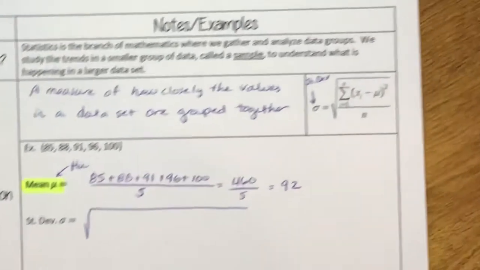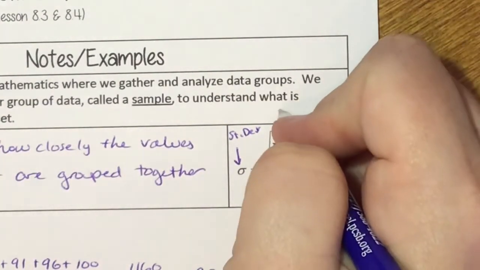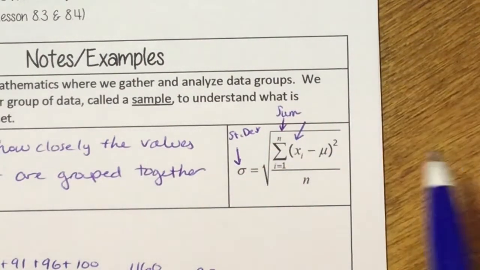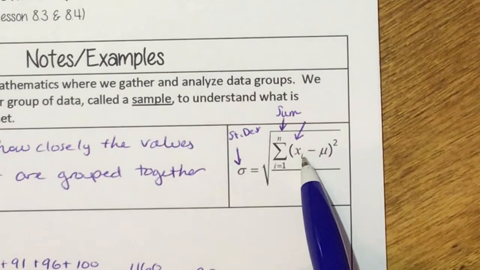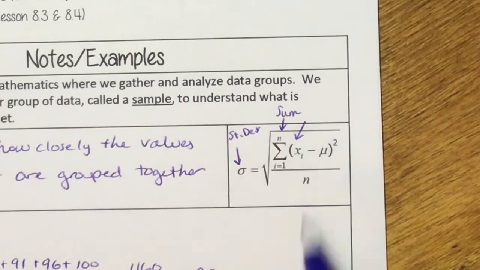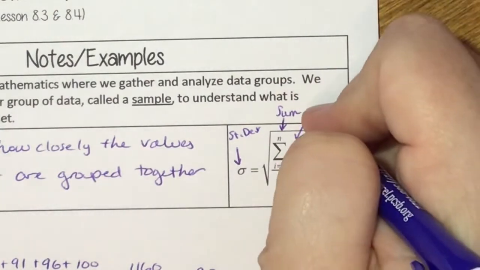Zoom in here while we're writing. Okay, standard deviation. We know that this sigma means we're going to take the sum. This x sub i, we're going to replace this i with 1, 2, 3, 4, all the way up through n, which means the last value in our set. So this x sub i represents a data value.